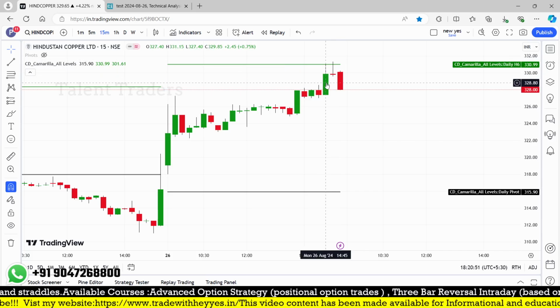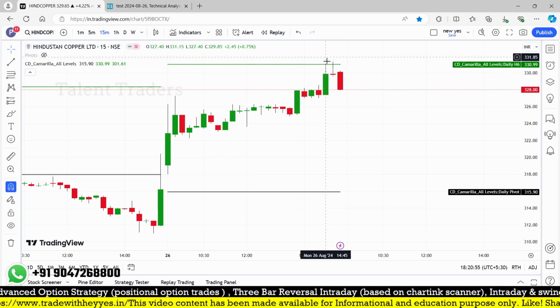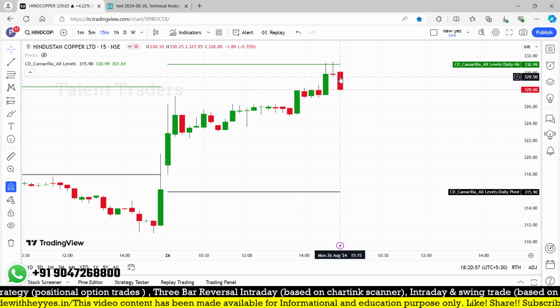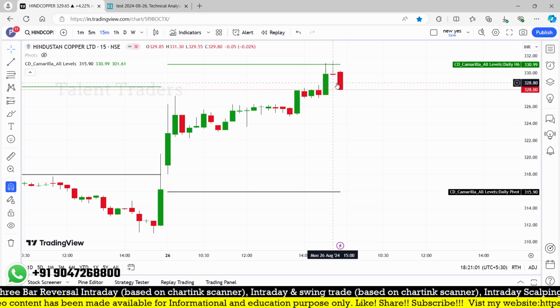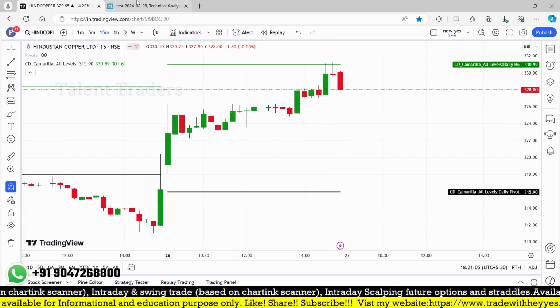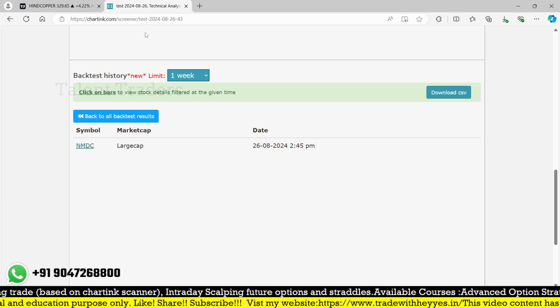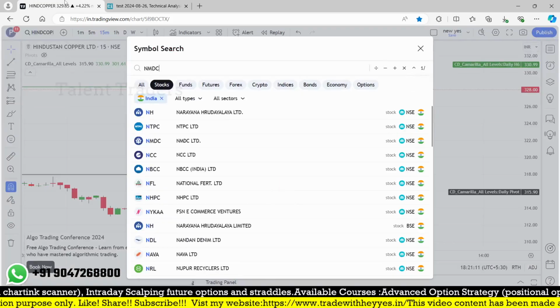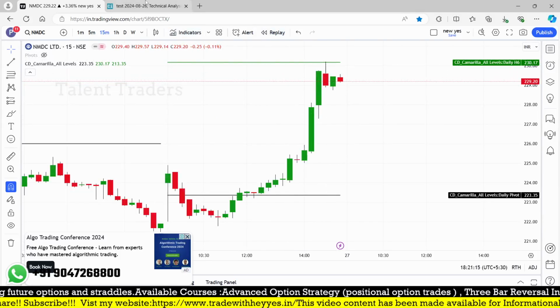The previous high is 331.15 and 331.3. So at the low of this candle, maybe we can look for an opportunity, but it is happening at closing hours. It isn't good for intraday, right? But the condition we are looking for is satisfied. NMDC is also an exact one which forms such a pattern, and HDFC is removed.